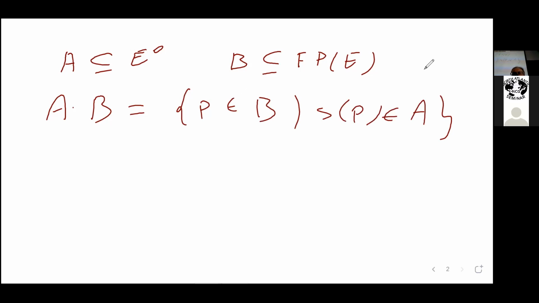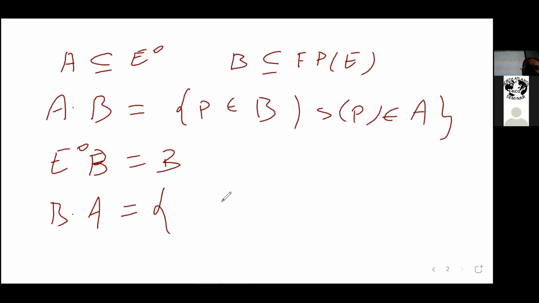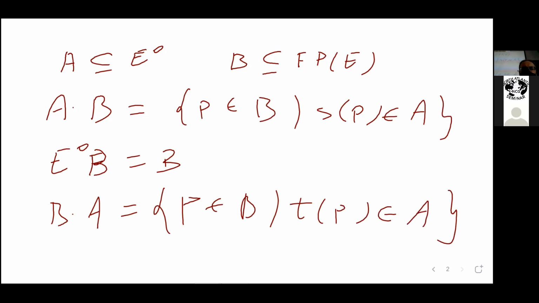So when your A is equal to E0, this condition is vacuous, and obviously you get that E0 times B is B. Likewise, when you have B times A, these are all P in B with a property that now T of P is in A. Again, when A is E0, this is a vacuous condition, and I have that B times E0 is equal to B. I considered it completely obvious and didn't type it up, but maybe it was worthwhile to write it down.